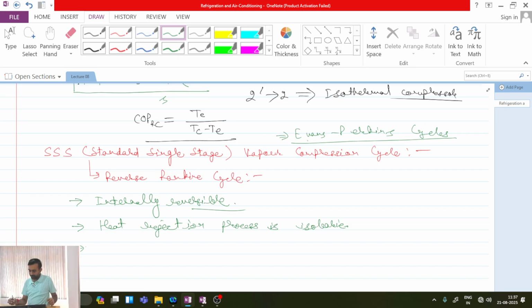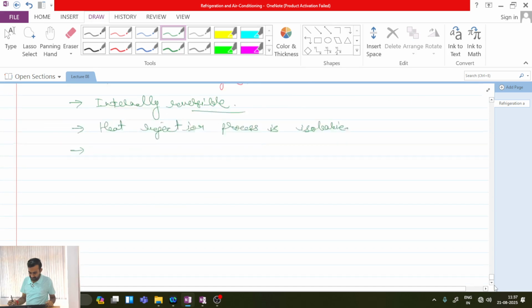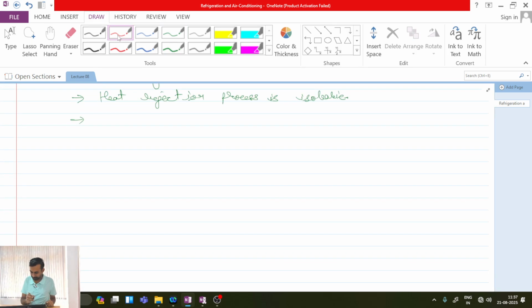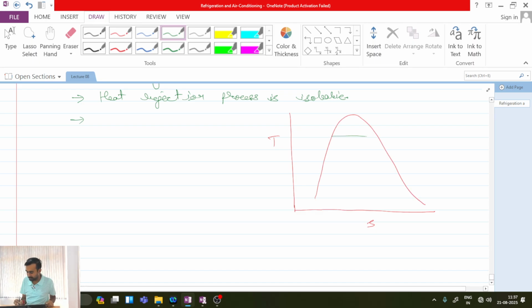Okay, so with these changes, if I now draw the cycle, what I get? On this TS diagram, I have drawn the two lines. One is at PC pressure and other is at PE pressure.